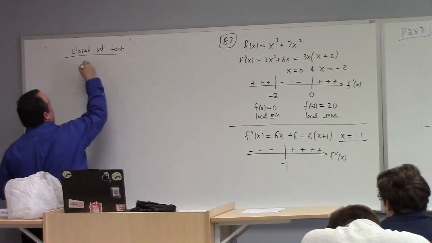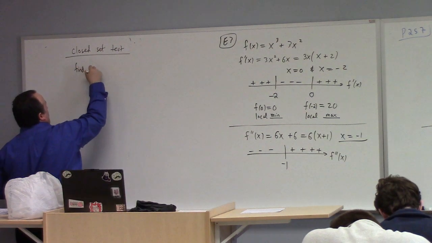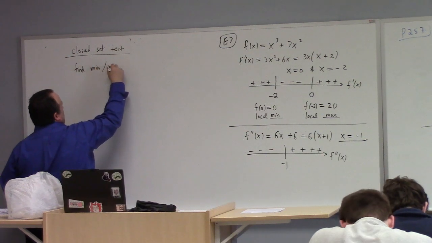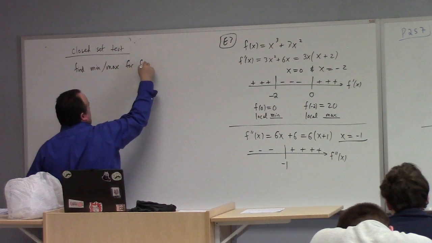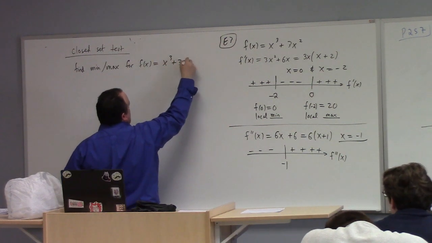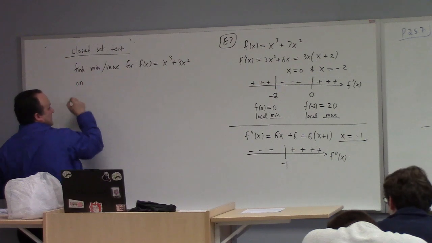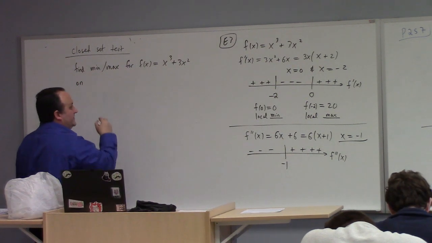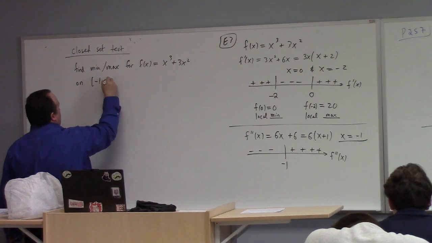So let's find min and max for f of x, the same one, x cubed plus 3x squared, on, let's say, the closed interval from minus 1 to 2.